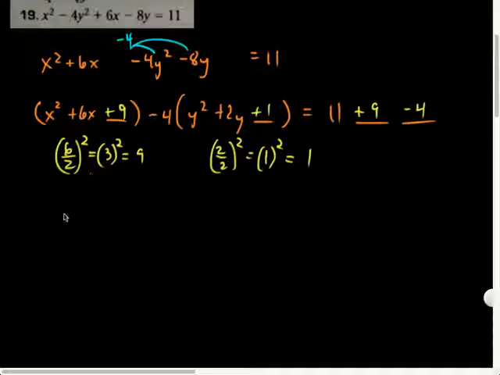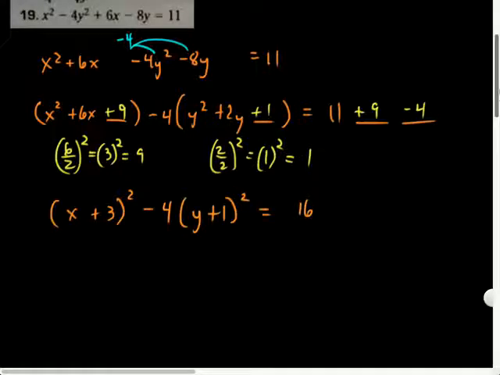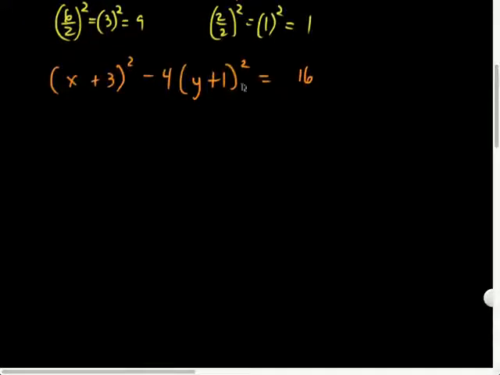So let's factor these. This is going to be x plus 3 all squared minus 4 times y plus 1 all squared equals 20 minus 4, 16. So convenient when they land out to be perfect squares. I want the equation to be equal to 1, so I'm going to divide everybody by 16.